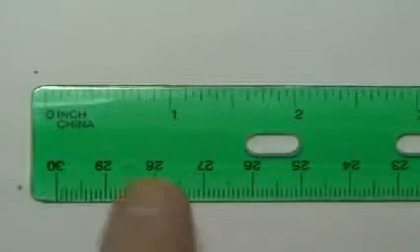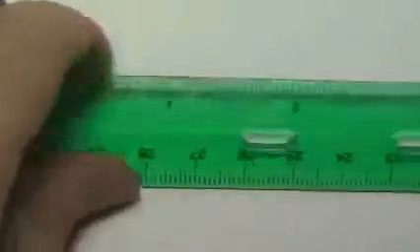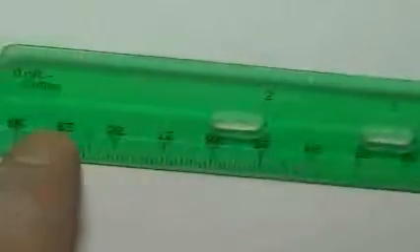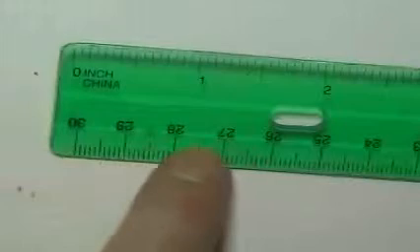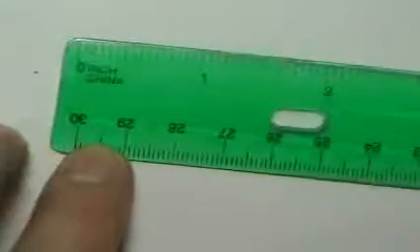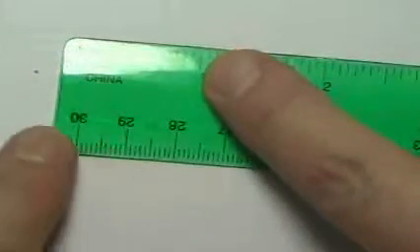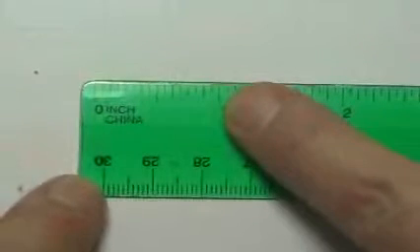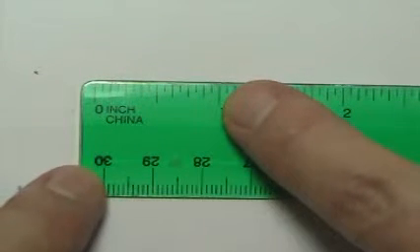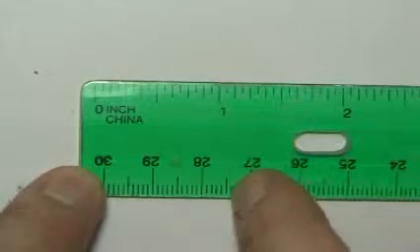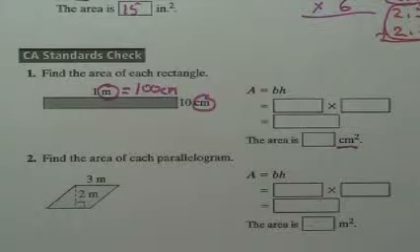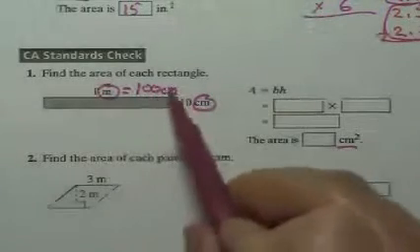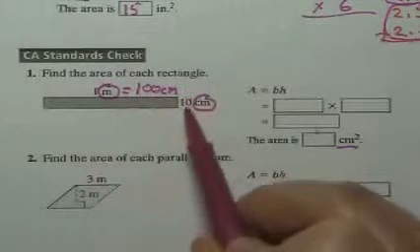By the way, if you ever look at a ruler, one side will be in inches, and the other side will be in centimeters. And if you look closely, an inch is about 2.5 centimeters. It's kind of hard to tell in here, but it's about 2.5. Going back to our problem, this one's 100 centimeters. The height of this side is 10 centimeters.